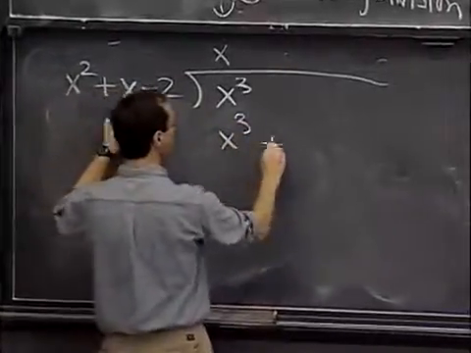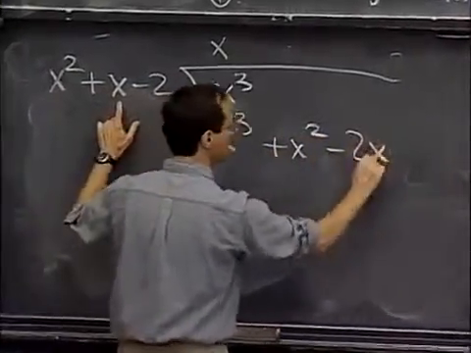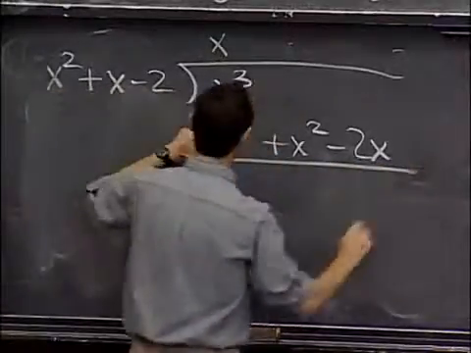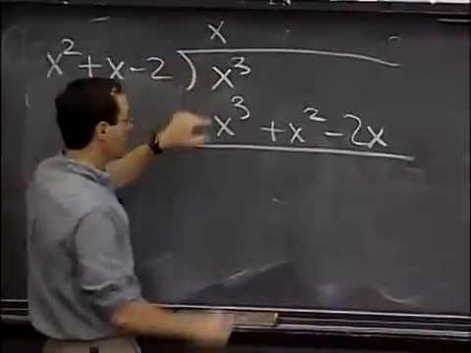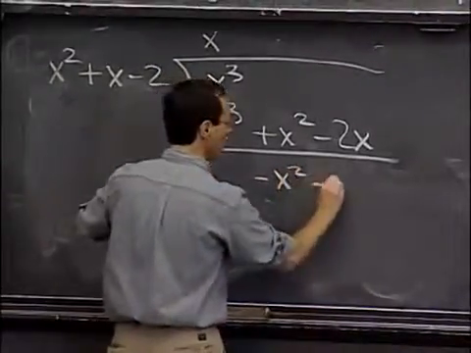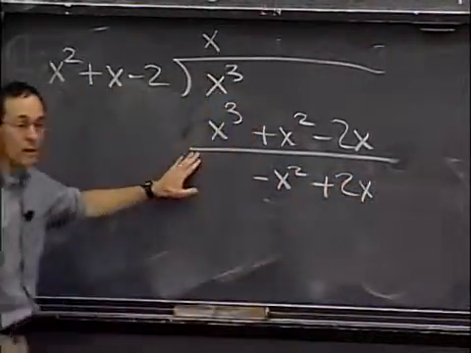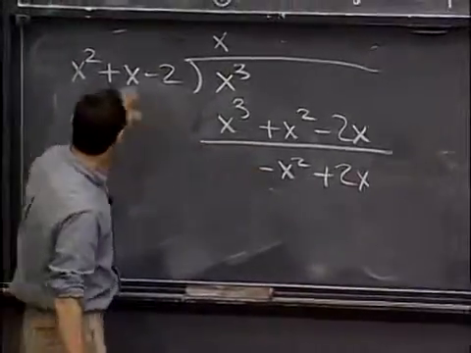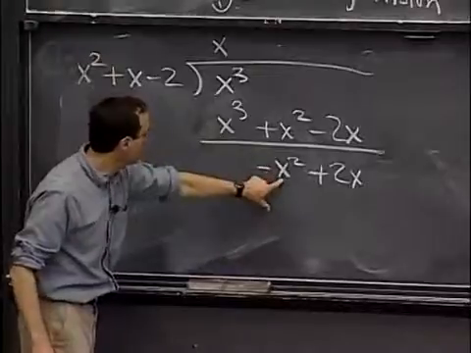So I get x cubed plus x squared minus 2x. That's the product. And now I subtract, and it cancels. So we get here minus x squared plus 2x. That's the difference. And now I need to divide this next term in, and I need a minus 1.